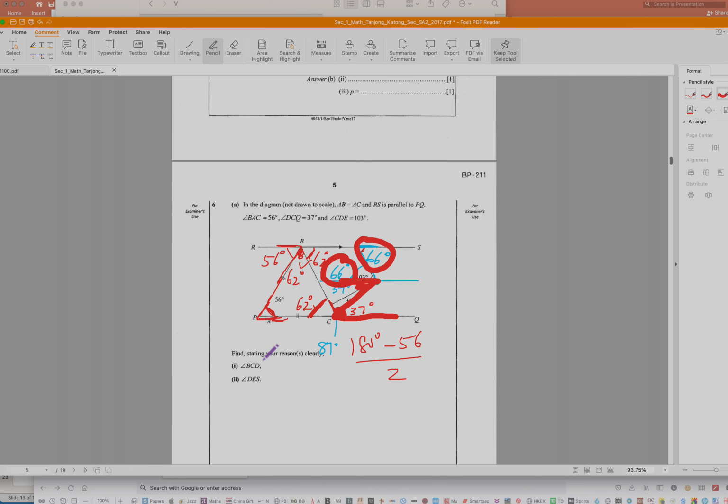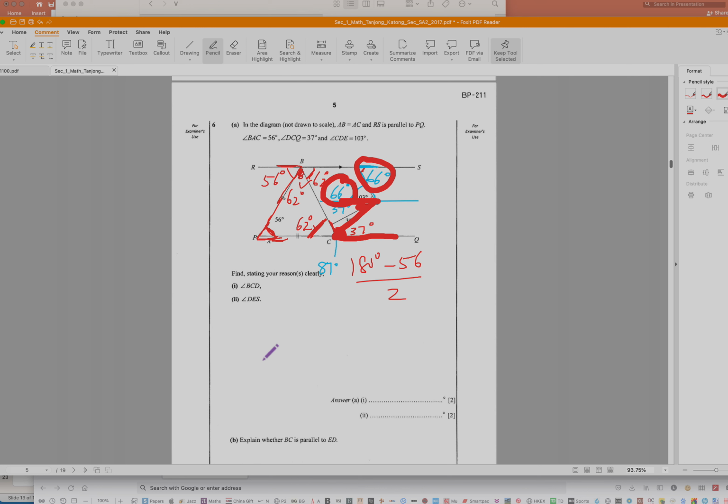So once again, you need to introduce a line in the middle. Next. I need 6B. Explain BC is parallel to ED. Let me erase. BCED.